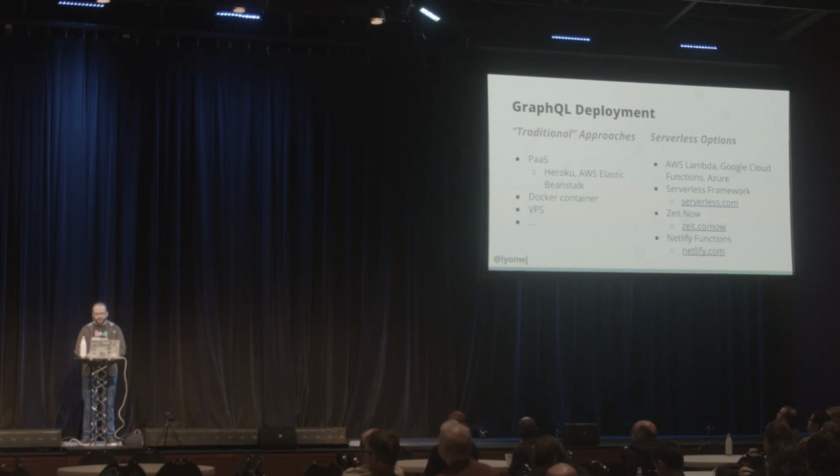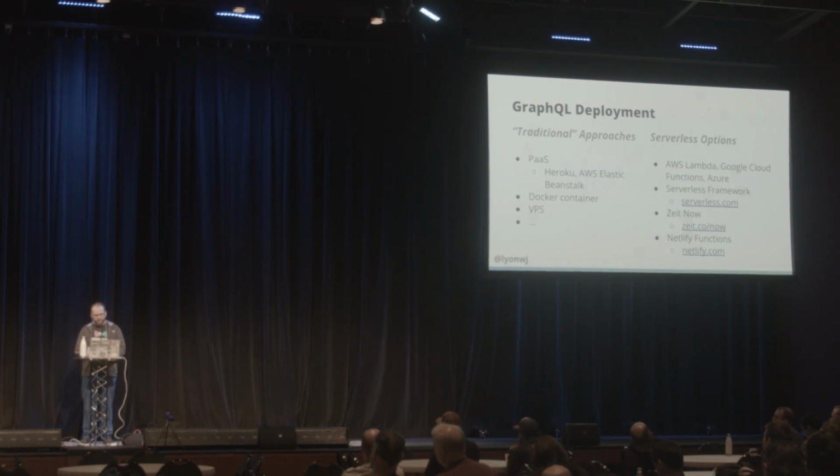We can put it in a Docker container. We can spin up our own server, install it on that. What I think is interesting and gives you a much more simplified developer surface are serverless options. So these are things like AWS Lambda, Google Cloud Functions, Azure Functions, where we can basically map a handler for a request to the GraphQL endpoint.